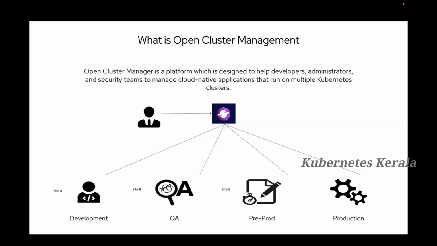And finally, you could also get the observability of multiple clusters that have been attached to this open cluster. So as a definition, it's designed to help developers and administrators manage their applications that run on multiple Kubernetes clusters.